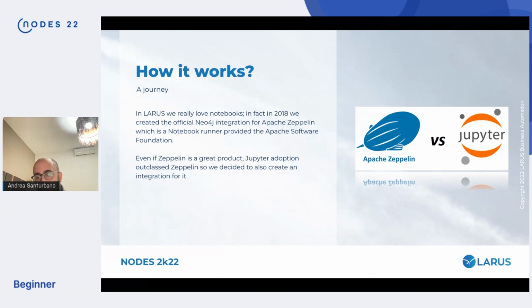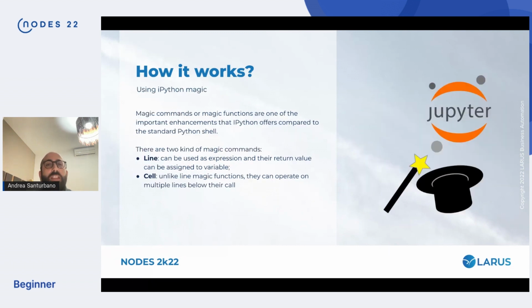Even if we think that Zeppelin is a great product, Jupyter outperformed it, so the market chose Jupyter, and this led us to do an integration for it, so cy2py is here.